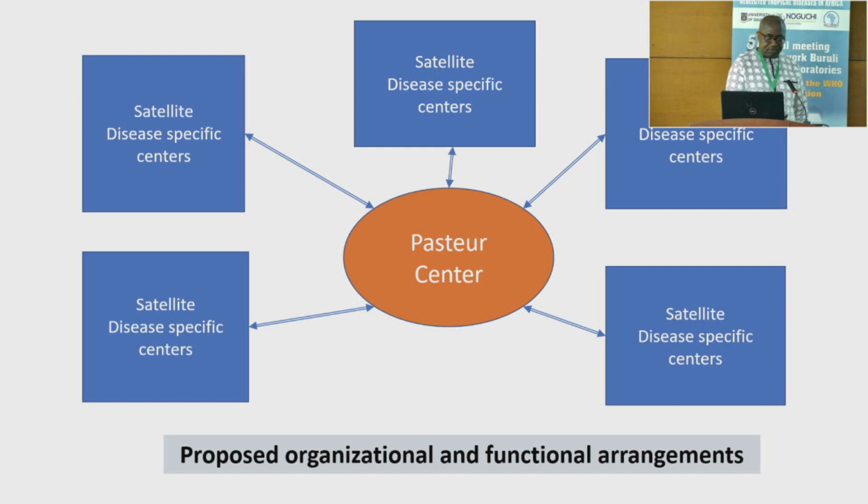And working together with Pasteur under the same framework, they can also standardize the procedures according to what we are discussing now. So this is just my rough idea that we'll have satellites, so that also implies that we'll be taking other laboratories on board.